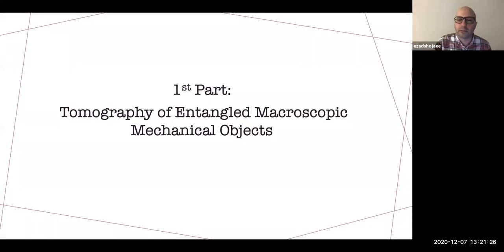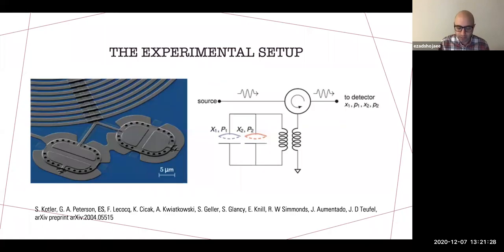So here it comes, the first part of the talk. On the left here, these are, by the way, pictures cropped from the arXiv version of our paper. On the left, you see an SEM of a device like the one used in the paper.